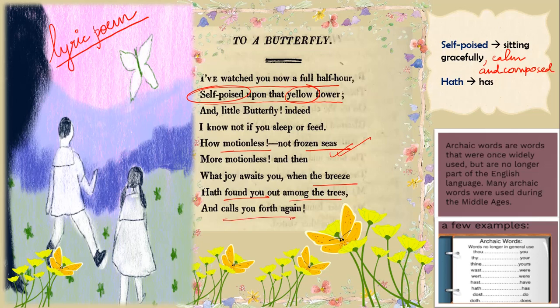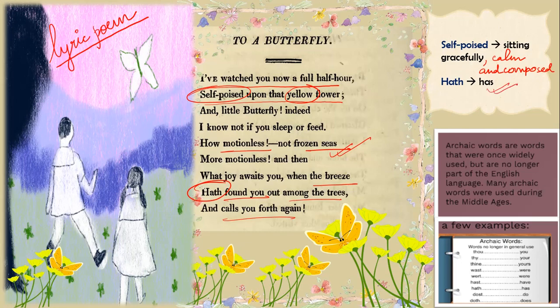Imagine that the breeze and the butterfly are playing hide and seek, and the breeze will find the butterfly and again call it to fly and play with it. So it's like that.